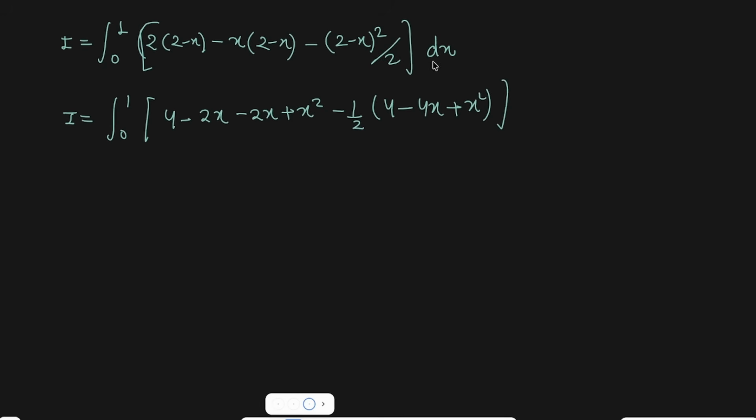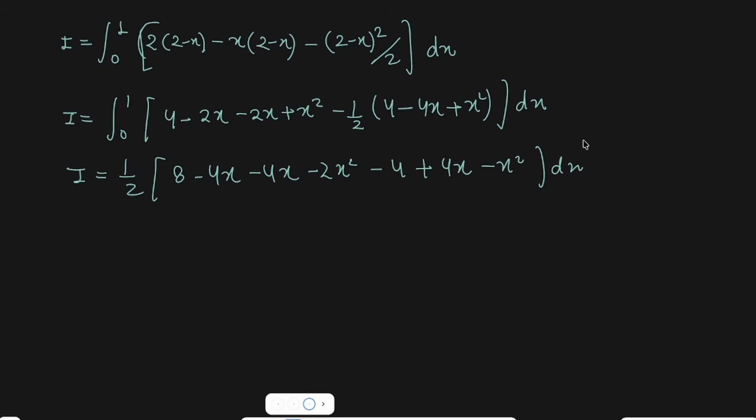Okay, this is after opening this whole square, and if I will take 1 by 2 outside, this will multiply with all, so it will be 8 minus 4x minus 4x minus 2x square minus 4, multiply this minus plus 4x minus of x square. Okay, you don't mind the calculation, maybe a calculation mistake might be there, I don't think so.